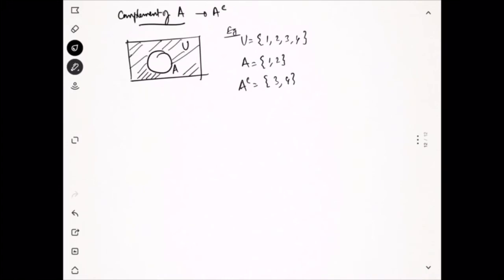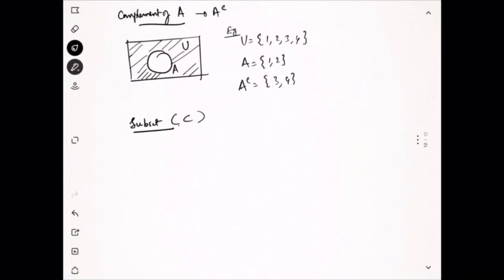Now, we will say something about the subset. Okay, the notation usually used is like this.